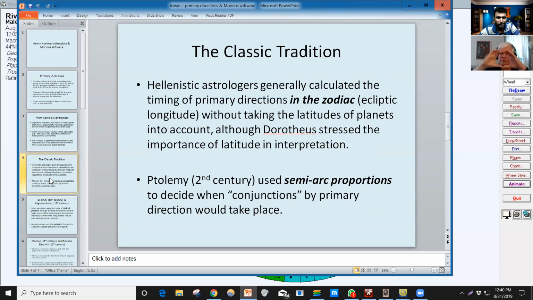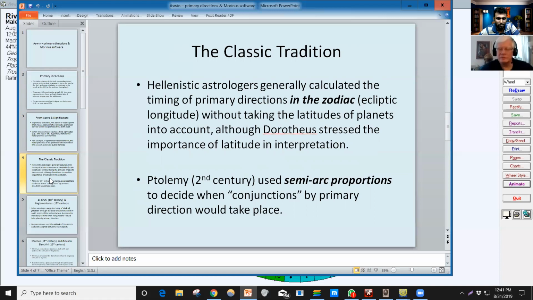That's why we have the band of the zodiac. They can be maybe 8 or 9 degrees above, 8 or 9 degrees below even, or with Pluto even more. So the tradition was just to take the projection onto the ecliptic and measure that. And they would take latitude into account in interpreting what the aspect meant, but not in calculating when it would perfect.